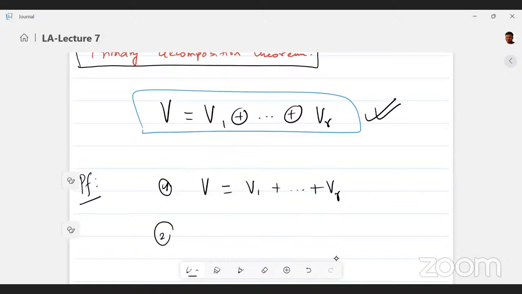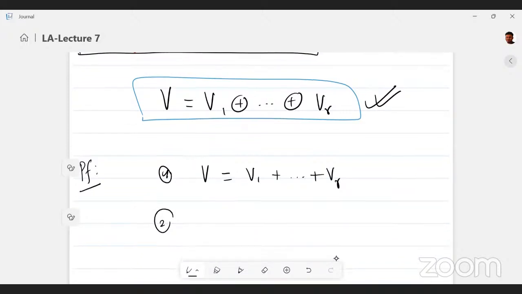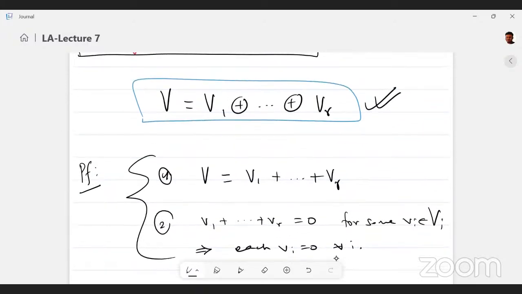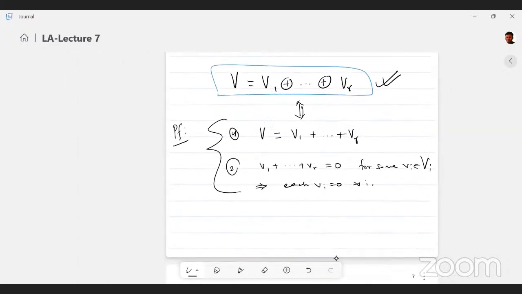That means if I take any linear relation coming from vectors of Vi such that the sum of these is 0, that should imply each vi equal to 0 for all i. Okay, so these two together are equivalent to saying that V is the direct sum of V1 etc. Vr.